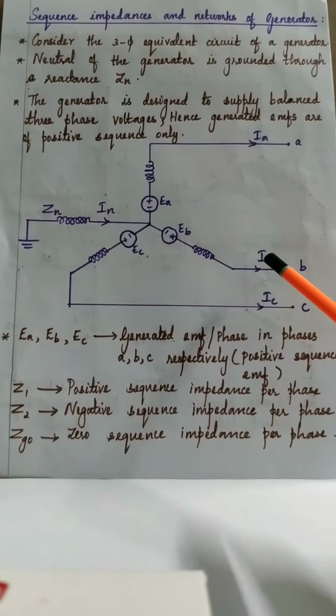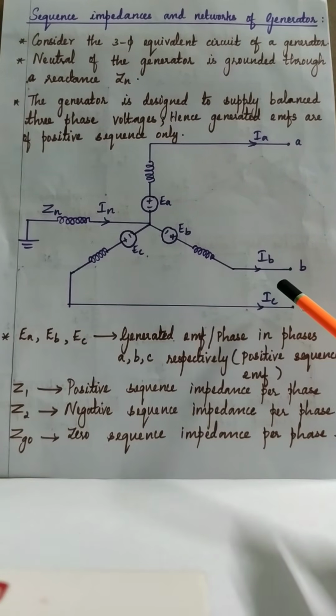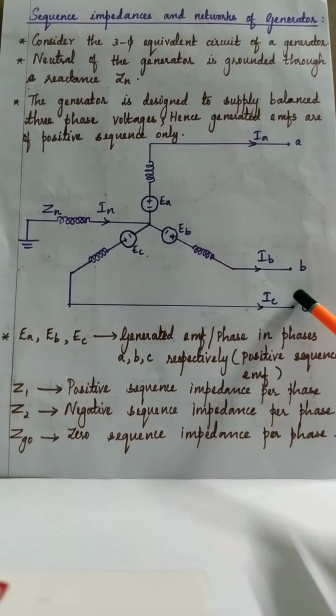And we have already seen the definition of a positive sequence component: VA1, VB1 and VC1 have the same magnitudes, positive phase sequence ABC, and are displaced from each other by 120 degrees. So only the positive sequence components satisfy the criteria of a balanced system.